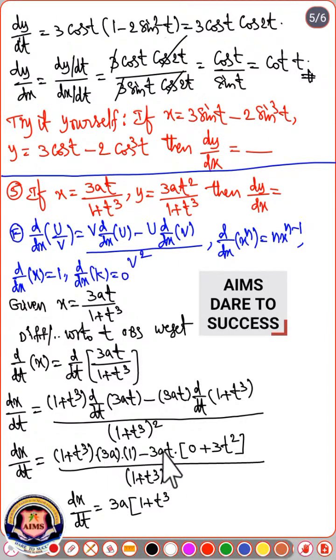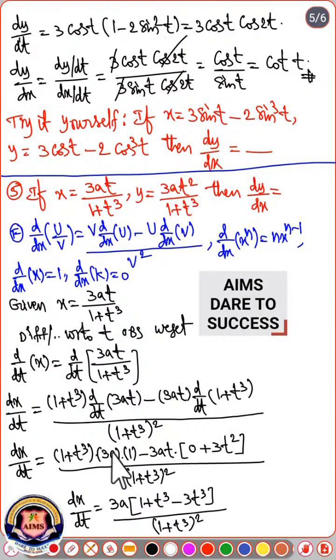After that 3a went outside, minus t and minus 3t square, that is minus 3t power 3, whole divided by 1 plus t cube whole square.